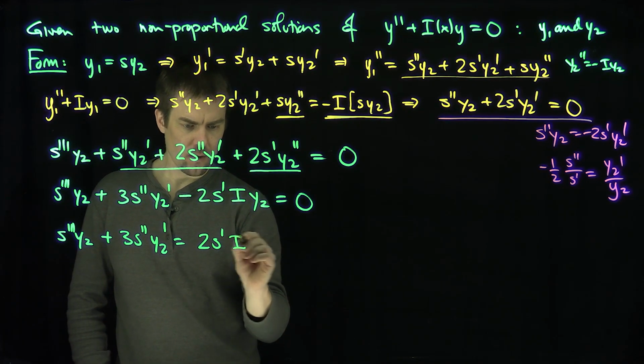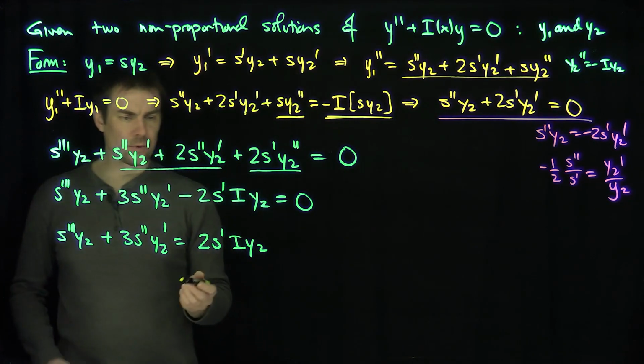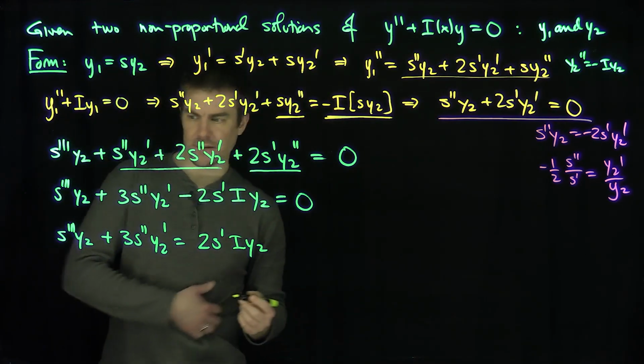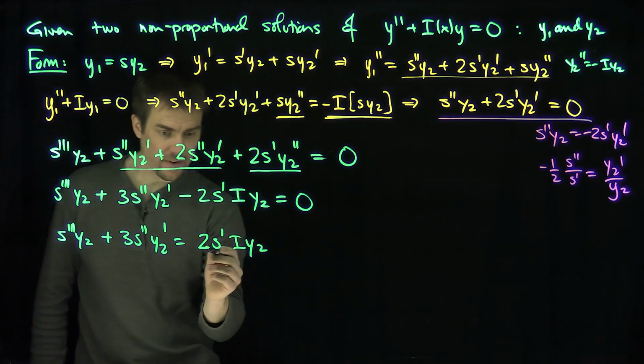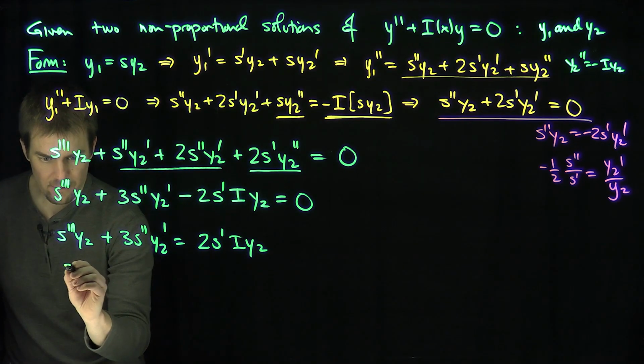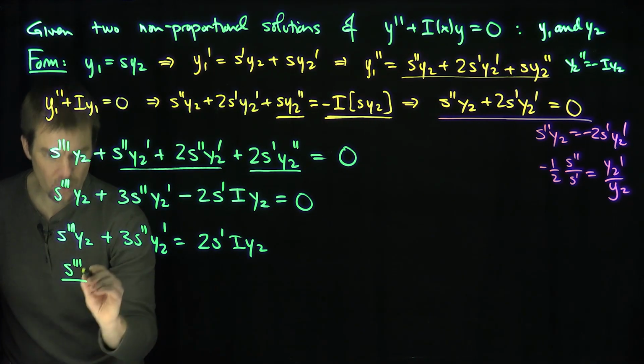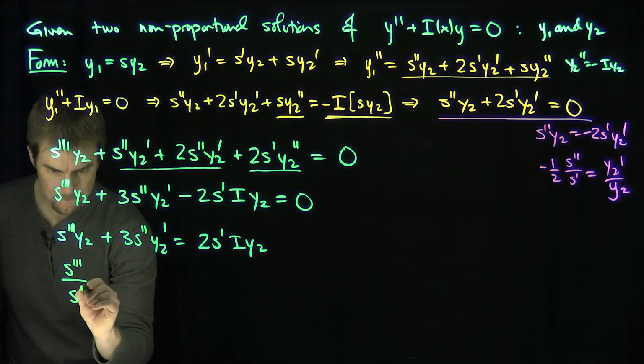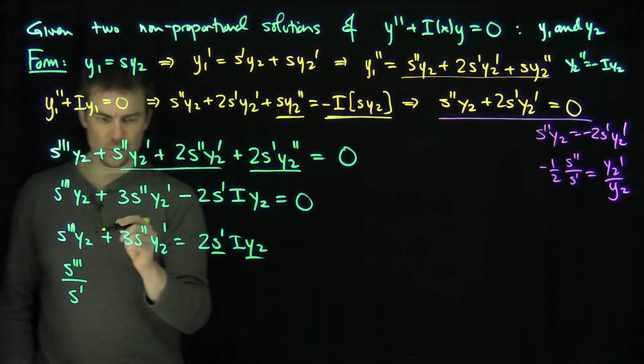And what I'm going to do is I'm going to divide both sides by s prime y2. So if I divide by s prime y2, I'll have s triple prime over just s prime, just dividing by this term because the y2's will cancel out.